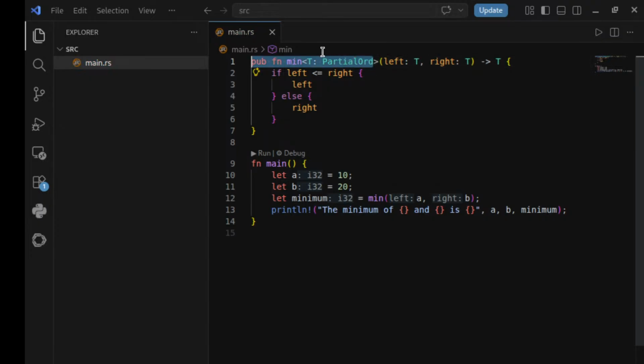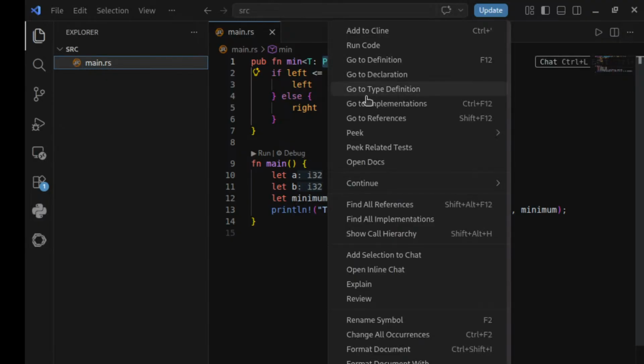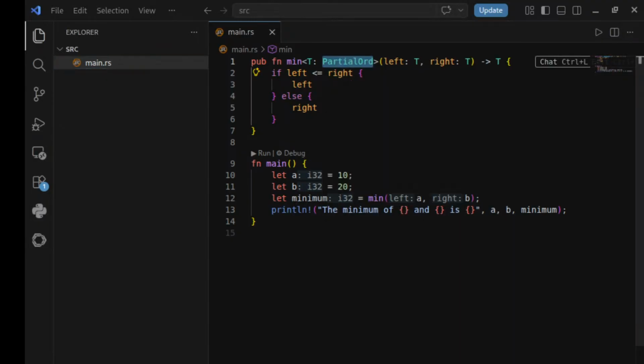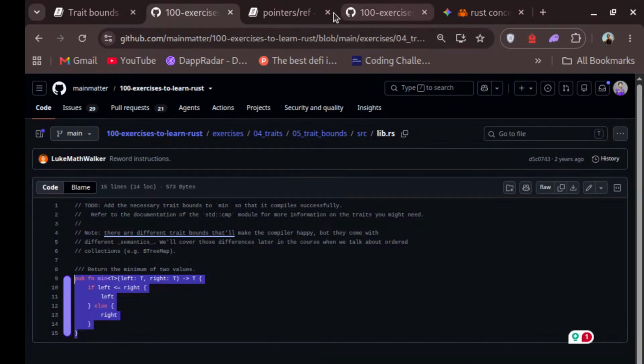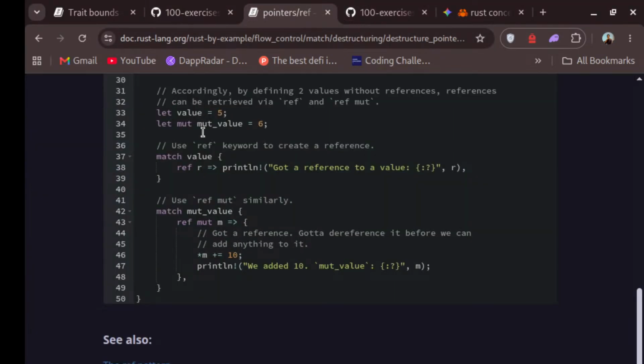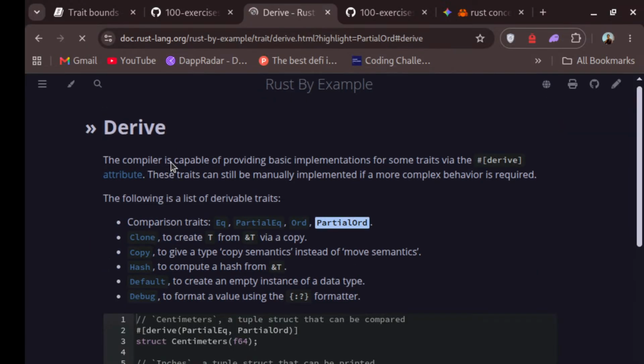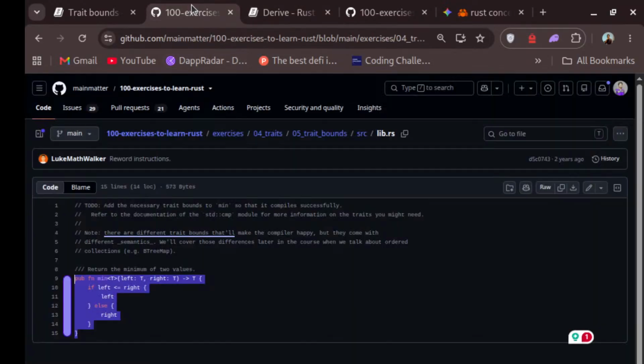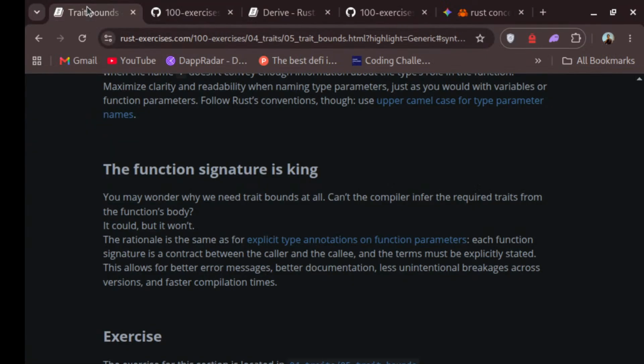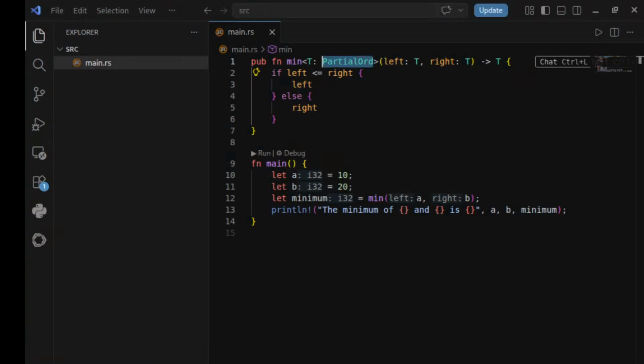Okay, let's see what this PartialOrd does in real time. PartialOrd is used for comparison, right?